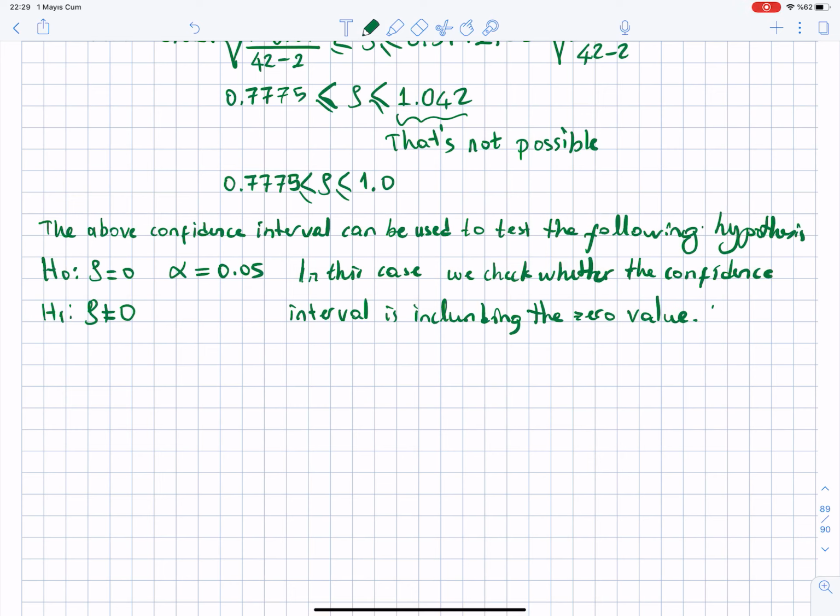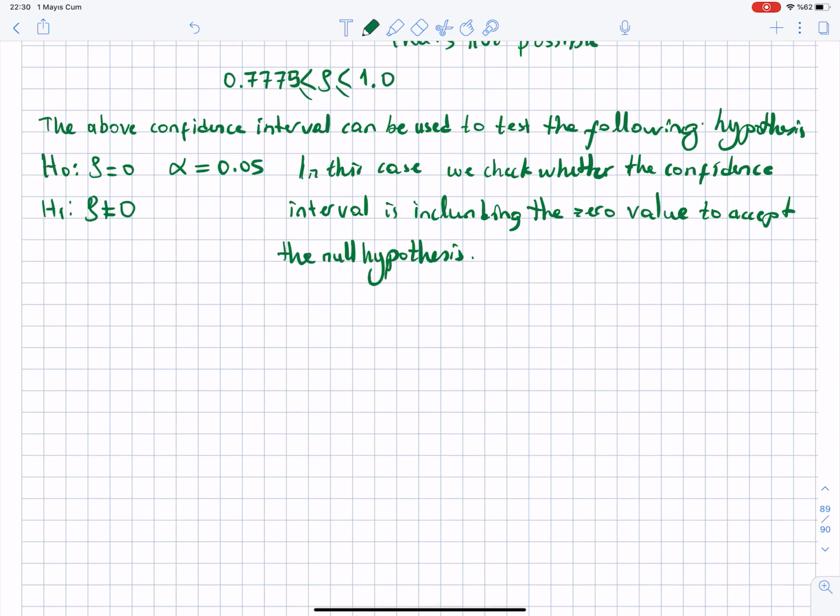One thing more: the zero value is included to accept the null hypothesis.